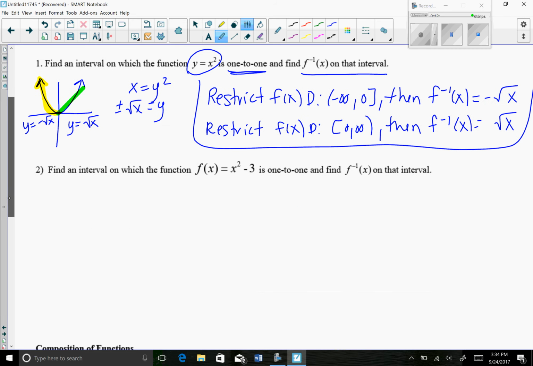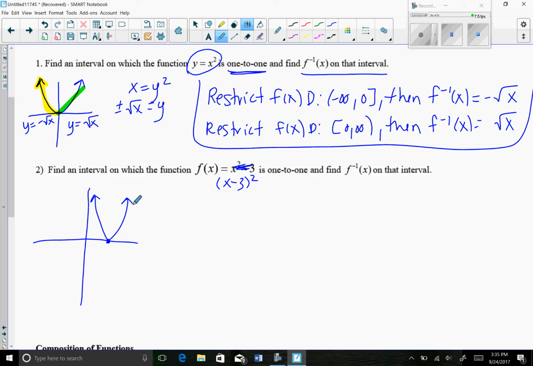Then if I look at number 2, we're going to do the same thing, except we're going to use a different function. Well, same function, quadratic, but we just did a transformation moving it down 3. And actually, let's change that so that instead it would be x minus 3 quantity squared, because then we're actually going to change that interval that we had, because that would move our graph to the right 3.